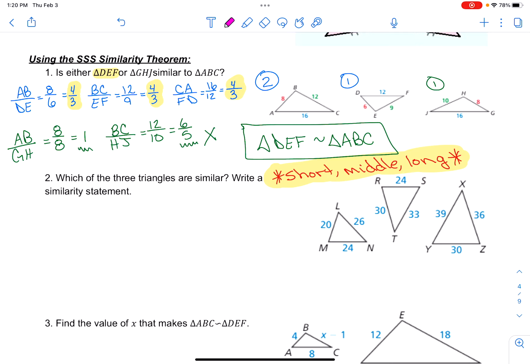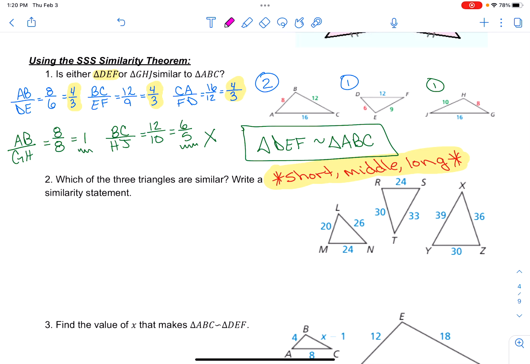All right, so I am going to start with triangles LMN. So I'm going to start with this guy and this XYZ. So keeping this concept in mind, short with short, middle with middle, long with long, that is how we are going to start these proportions.